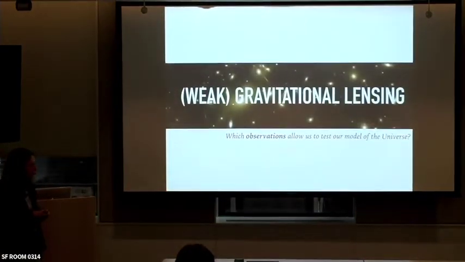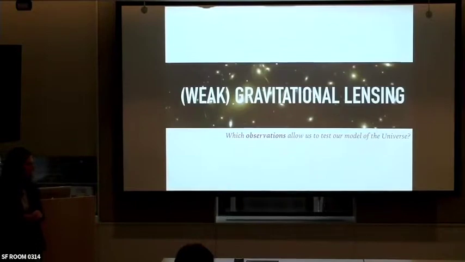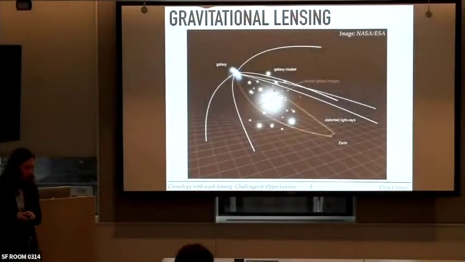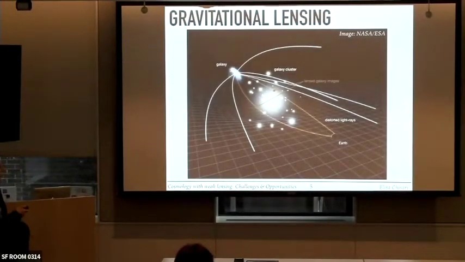So what observations allow us to test these models of the universe? In this case, I'll be talking about lensing. Lensing is the deviation of the path of photons along the line of sight from a distant galaxy to an observer.